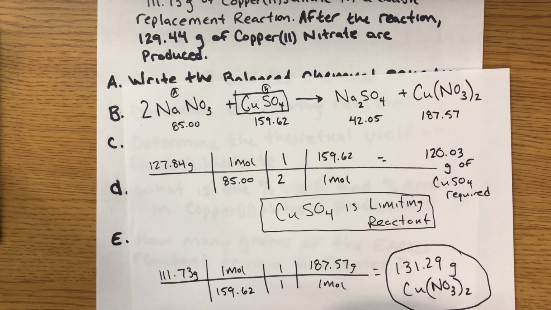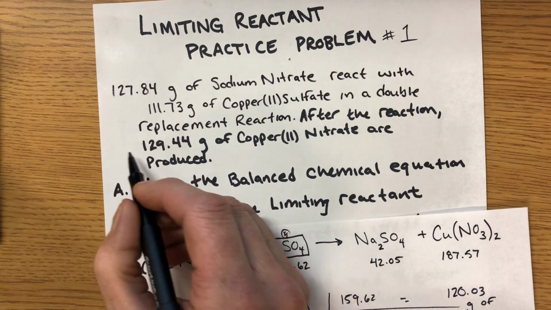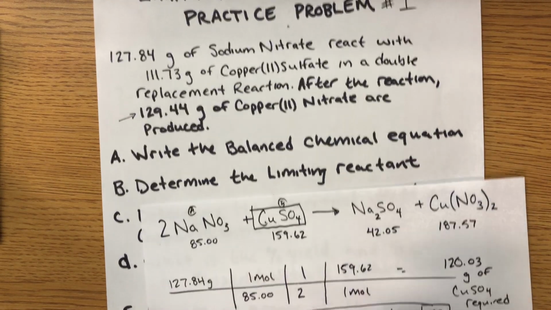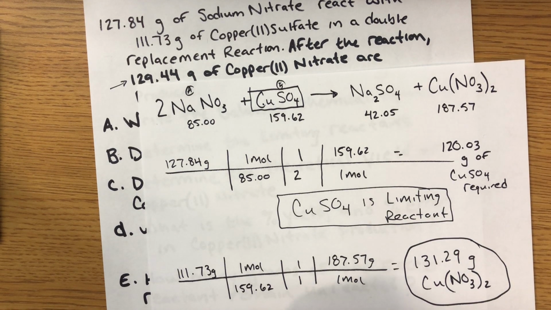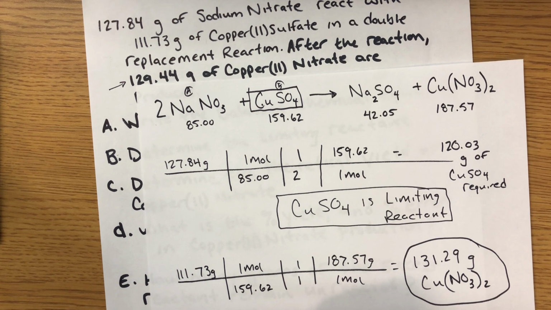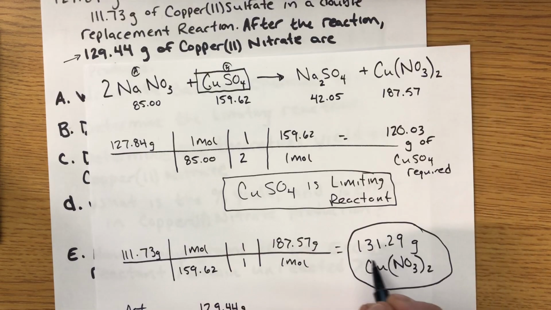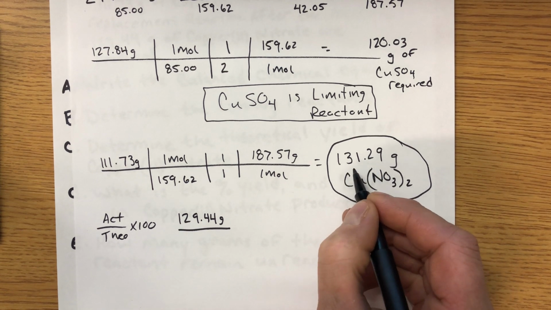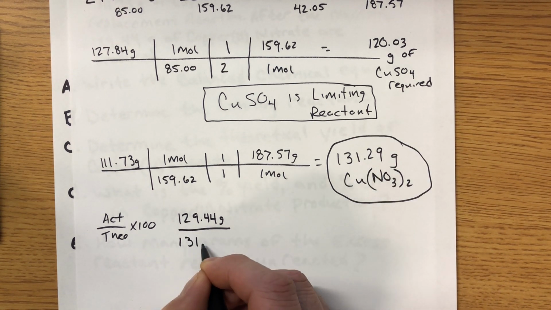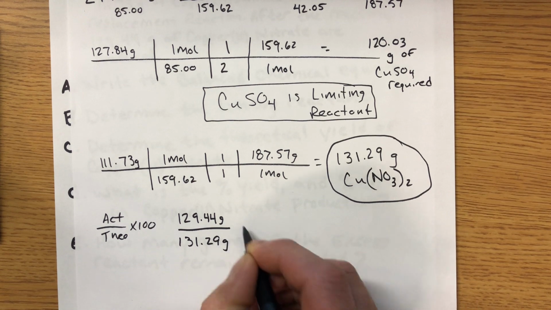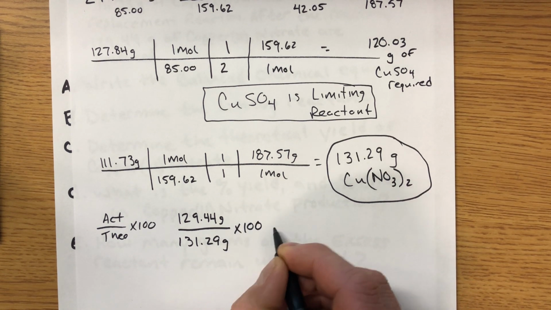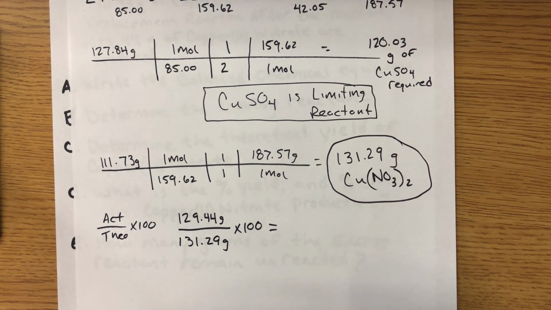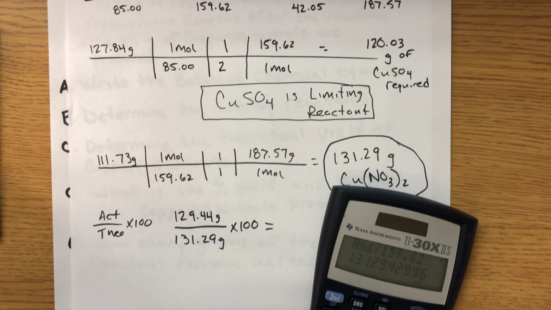Let's take our actual production, which is given to us in the problem, 129.44 grams, divided by our theoretical production, which we've just calculated, 131.29 grams. We multiply that fraction by 100, and that's going to be our percent yield.